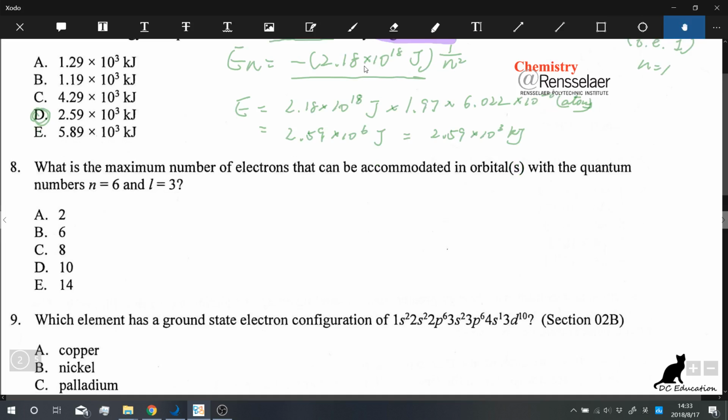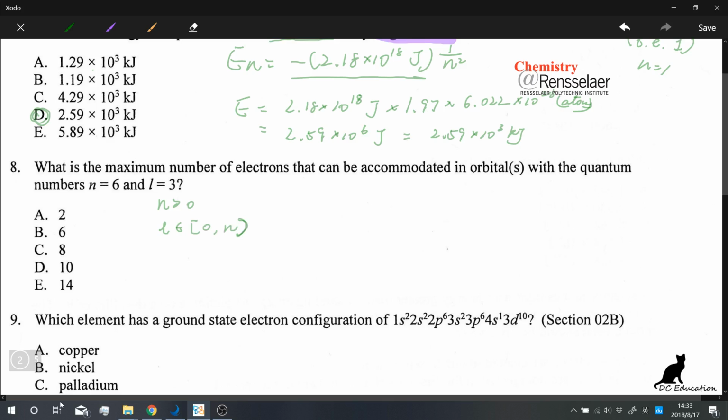If you remember from your classes, the quantum numbers are... So n has to be greater than zero, and l belongs to from 0 to n, but it doesn't include n.